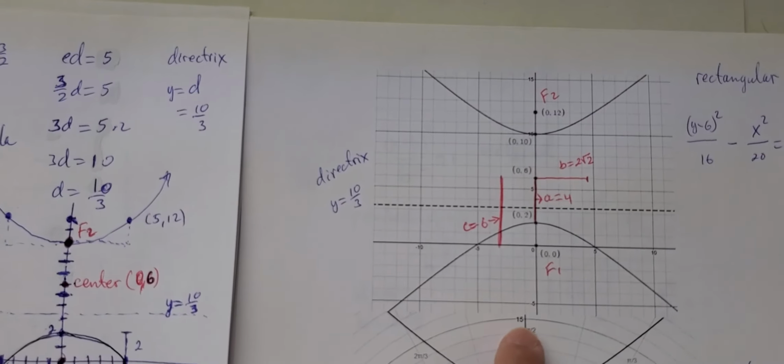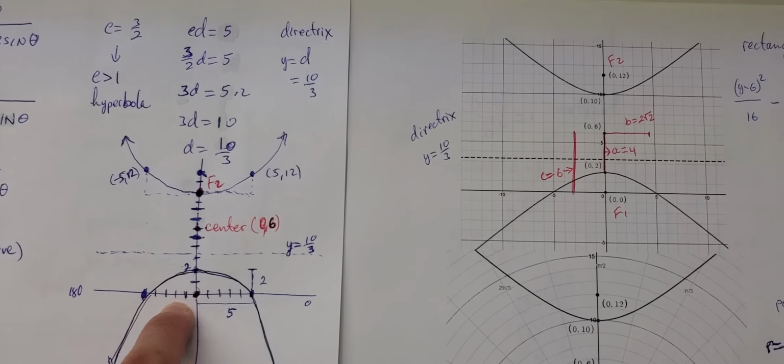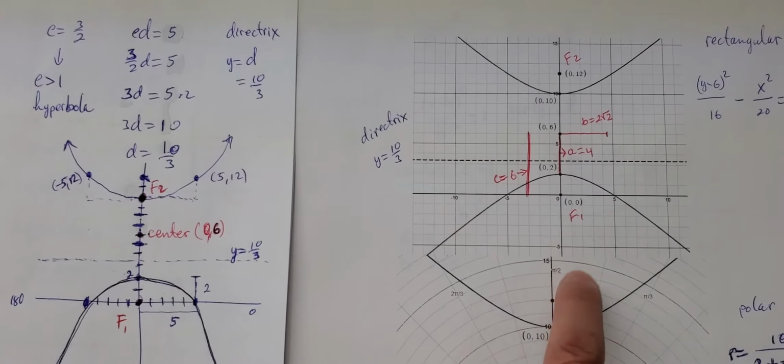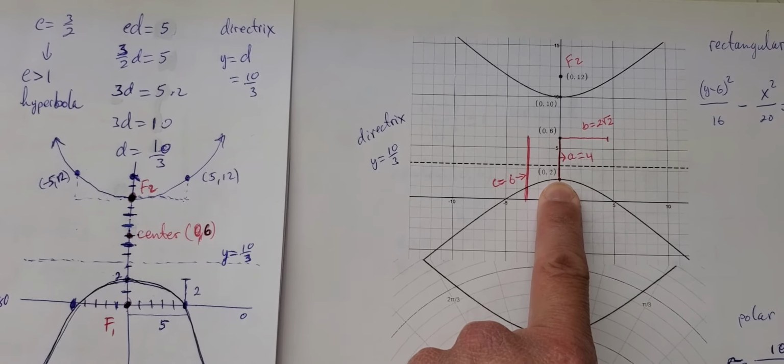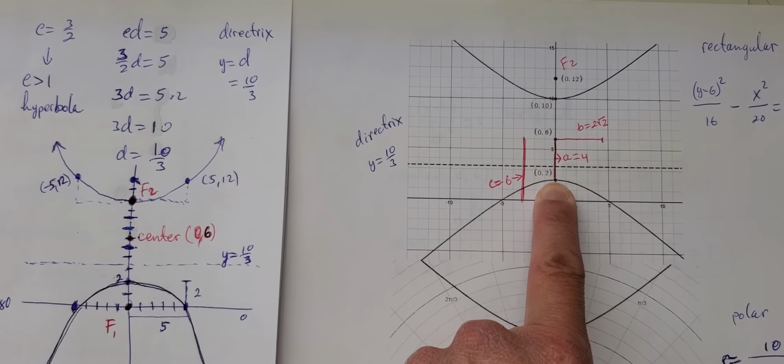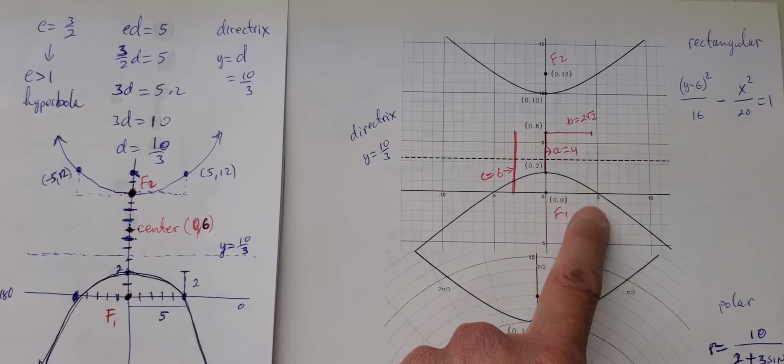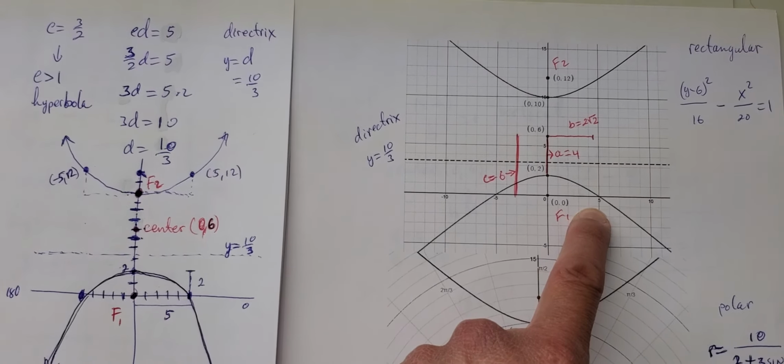So as you can see, here we go. This graph is this, but better. Here is my vertex, 0, 2. Here's my other point, 5, 0.